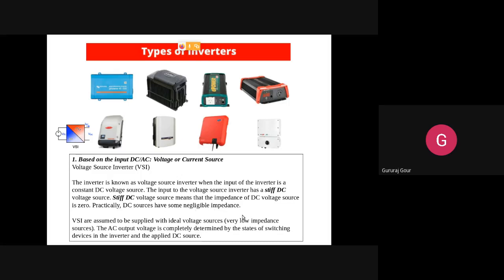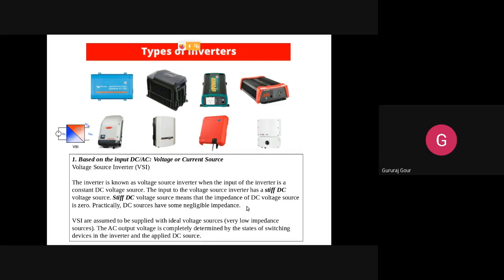So what he is telling here is that normally if you take any voltage source, maybe DC or AC, it will be having some inherent resistance. That is known as the internal impedance. So what we mean by DC means ideally we want to have 0 impedance, but practically we can say a very small internal impedance will be there.